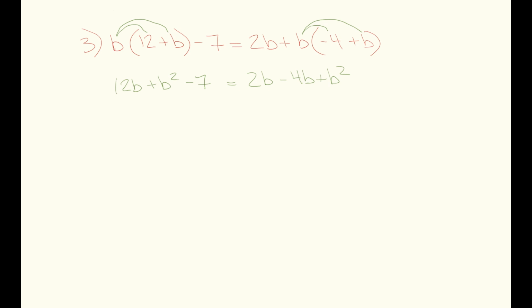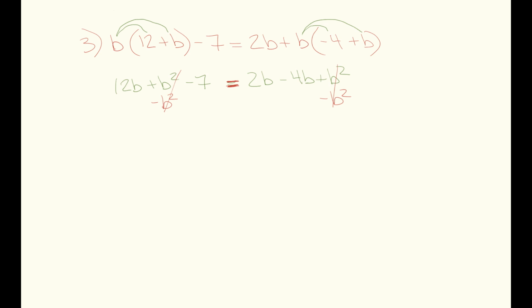So now I need to combine like terms, but remember it's an equation, so I have this equal sign. We really want to make sure you know what's on which side, okay? So I'm going to subtract my b squared to get those together. What happens is they cancel each other out. Then let's take care of the b's.